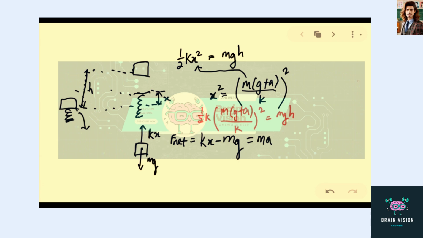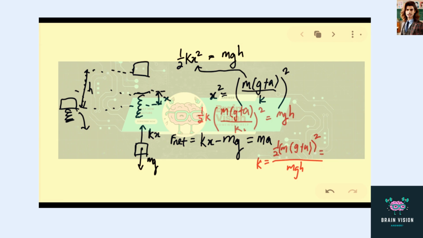Now all we have left is to just rearrange this equation a bit. So we get 1 over k squared over here times k, so we will get 1 over k. We bring this k value over to the right, and we bring the mgh to the left, so we get k is equal to half times (mg plus a) squared divided by mgh.